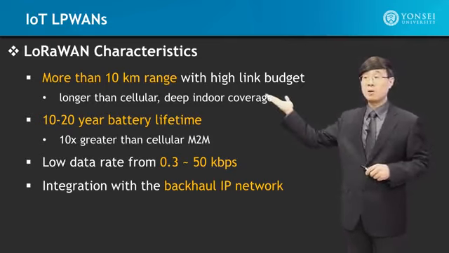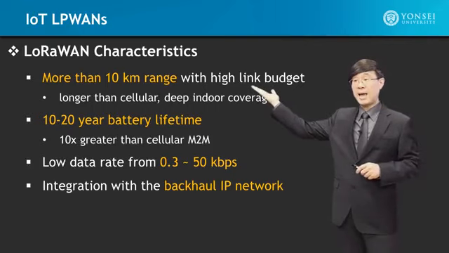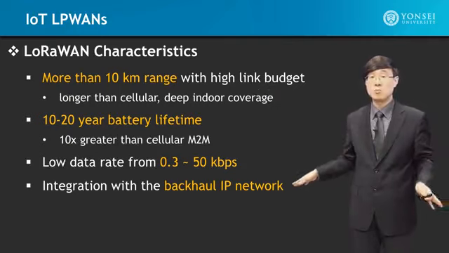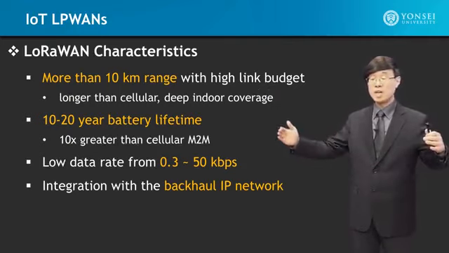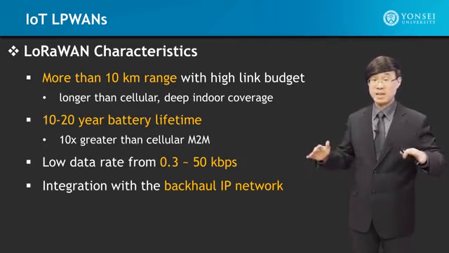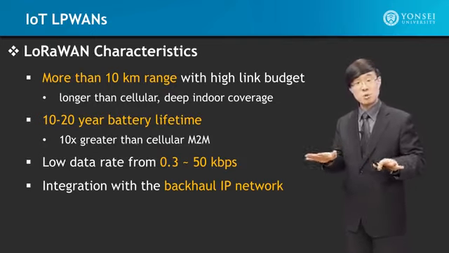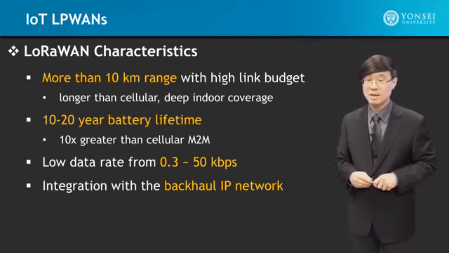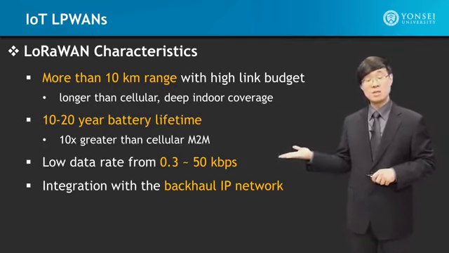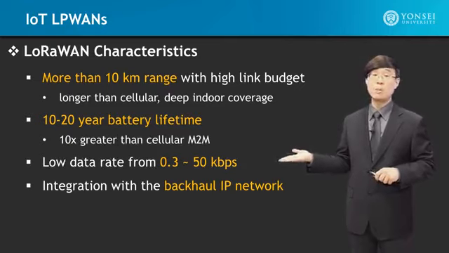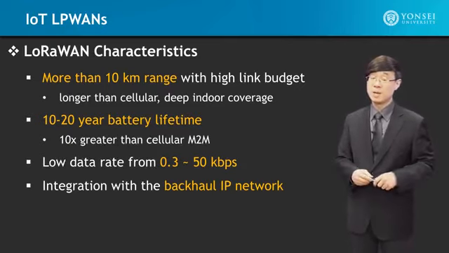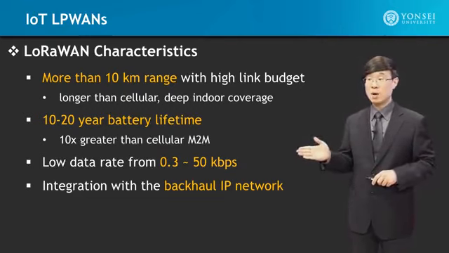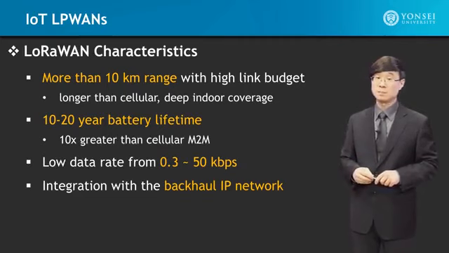If you're talking about a circle that has a 10-kilometer range, and you consider how many nodes you need to put on the perimeter or near the edge of that area to protect it, or if you're going to evenly distribute your sensors throughout that area, then you need many, many sensors. That is why even though one sensor has a low data rate, if you combine all the sensors, the comprehensive data rate of the overall structure will be very high. And that is what this design is focused on.